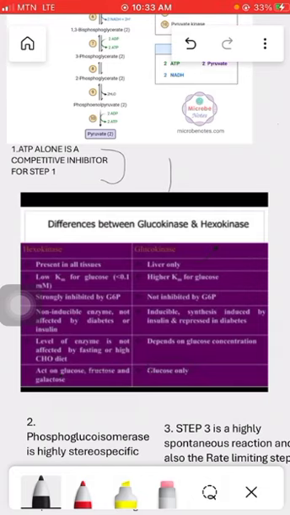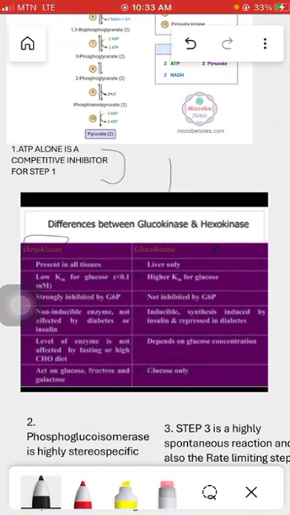Another difference is that this hexokinase has high affinity for glucose as compared to glucokinase. Meaning that when glucose level is low in the body, it is the hexokinase that will catalyze the first step in glycolysis.